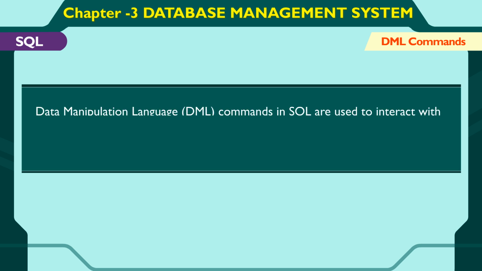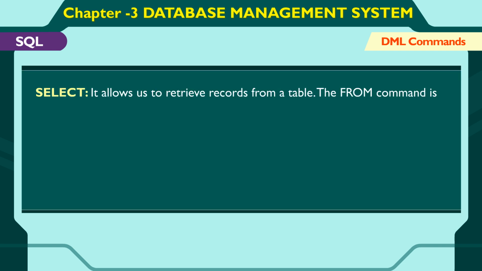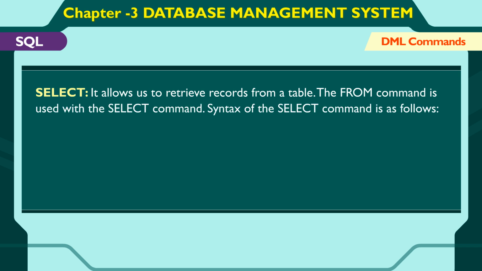DML commands. Data Manipulation Language (DML) commands in SQL are used to interact with and manipulate data stored in a database. Following are some DML commands of SQL. Select. It allows us to retrieve records from a table. The from command is used with the select command. Syntax of the select command is as follows.